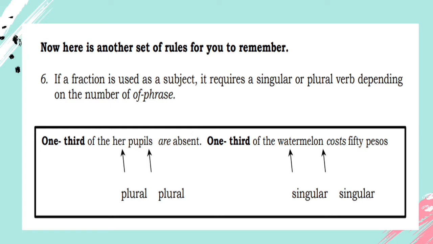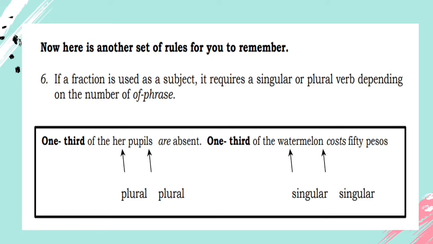Number 6. If a fraction is used as a subject, it requires a singular or plural verb depending on the number of the phrase. Let's see the following examples. 1/3 of her pupils are absent. 1/3 refers to pupils.